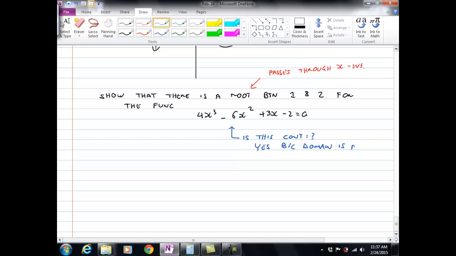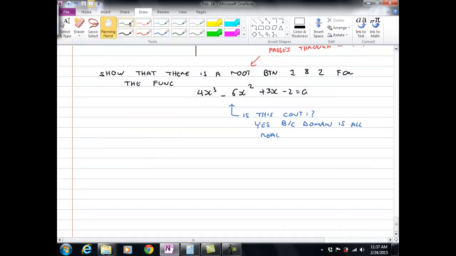So there's no point where it's discontinuous. So this is continuous. And this graph is a cubic function. It's going to look something like that maybe, because this is a cubic function.